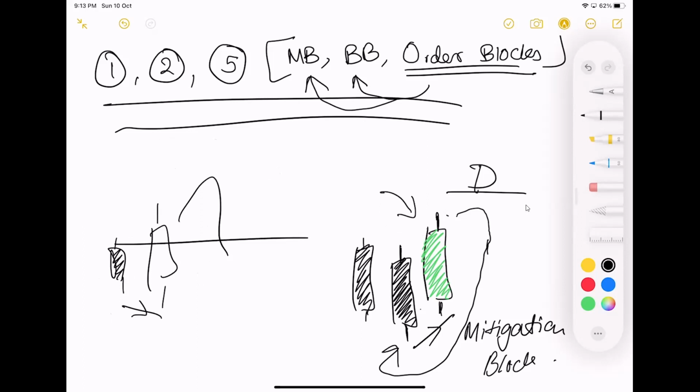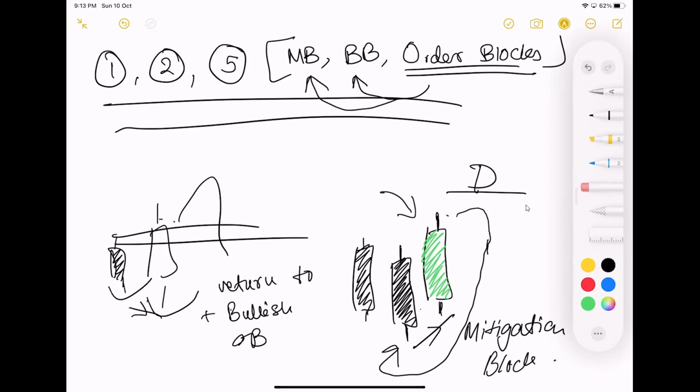If it's a lower time frame breaker scenario, on the higher time frame it's a return to a bullish order block. That's how it looks on the higher time frame. On the lower time frame, we have a low, and then we break above.